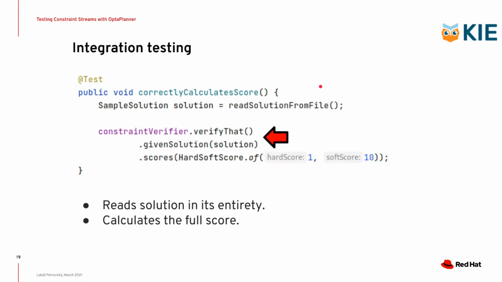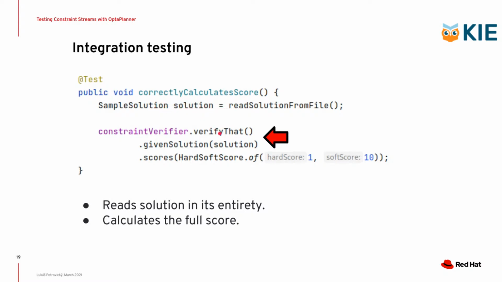So this is actually a different test, which does something very different. It reads the solution from a file. So imagine you have your solution serialized as XML or JSON or literally any other type of file or string, and you read it into the test.